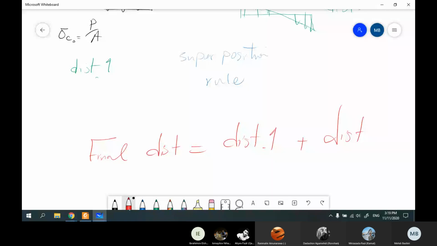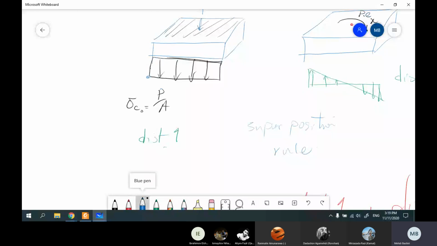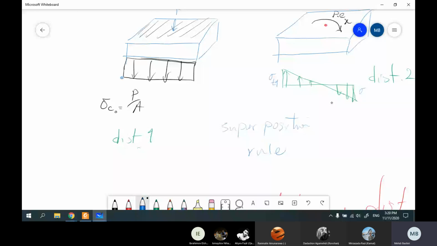What does it mean? If I want to find the distribution at this point, here is sigma T1 and here is sigma C1, at point A, point B, point C.